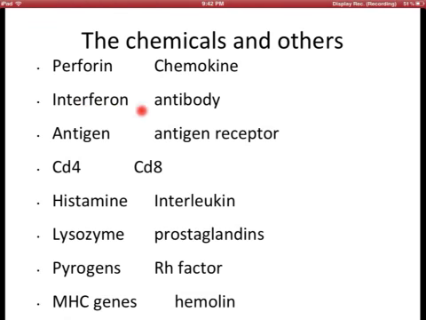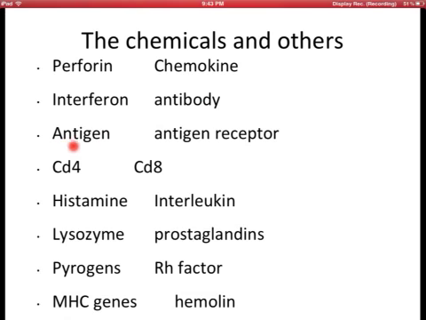An interferon is a chemical released by a virus infected cell to alert surrounding cells, neighbor cells, to prepare themselves from a possible infection. An antibody is a chemical produced by your B cells, your plasma B cells that attack, let's say, bacteria or pathogens, okay, but not virus.